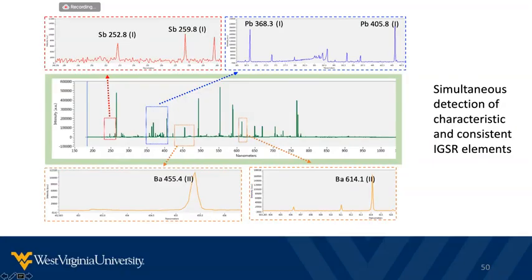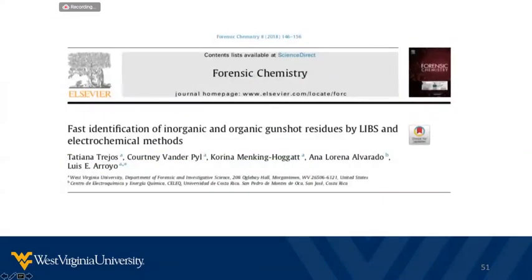In this particular example, I'm zooming in to demonstrate that we use at least 2 emission lines per element: 2 for antimony, 2 for lead, and 2 for barium, although we can monitor a lot more than that per element, and that's one of the advantages of LIBS, because that provides better confirmatory confidence in our results for the presence of an element. This preliminary work was published in the Journal of Forensic Chemistry, and a second publication is coming up very soon.